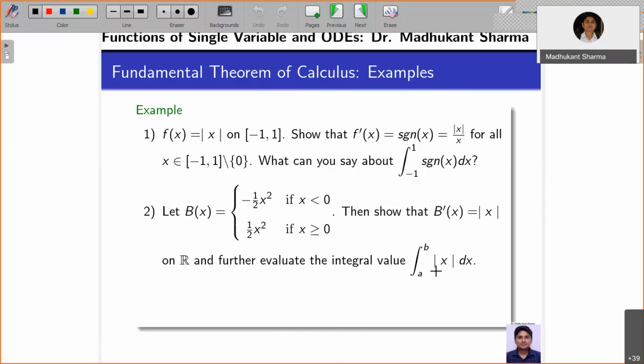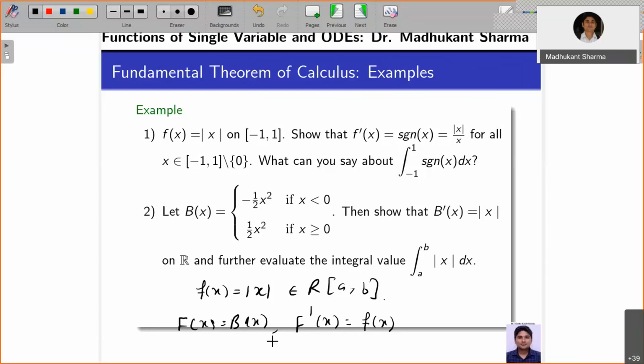So here f(x) is |x|, which is Riemann integrable on the closed interval [a, b], and F is given by b(x), such that F'(x) equals f(x) for every x.